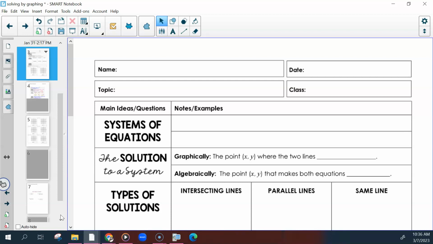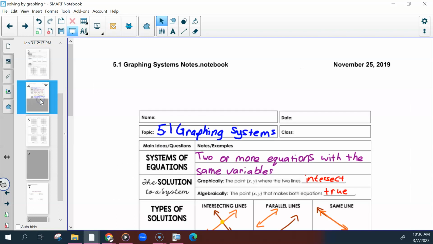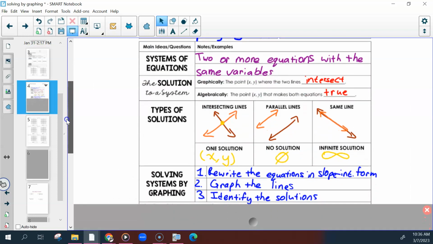So we've talked about solving equations, graphing them, writing them, word problems, all those different things separately. Now we're going to be talking about a system, which is more than one, and talking about different ways to find the solutions to those systems. So as you're passing those up, I want you to write these things down.